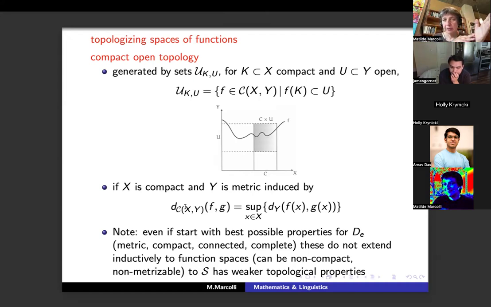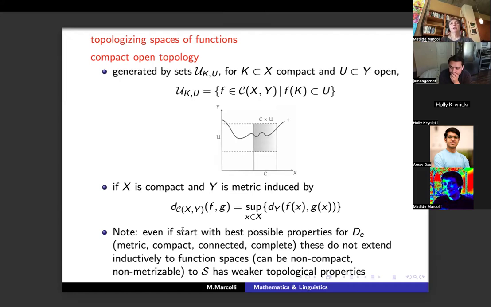So for every such choice, you get a generating open set of the topology of the space of continuous functions. These open sets consist of all those continuous functions that map the compact subset of the source inside the open set of the target.